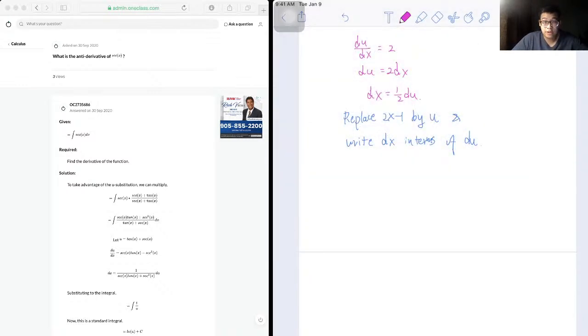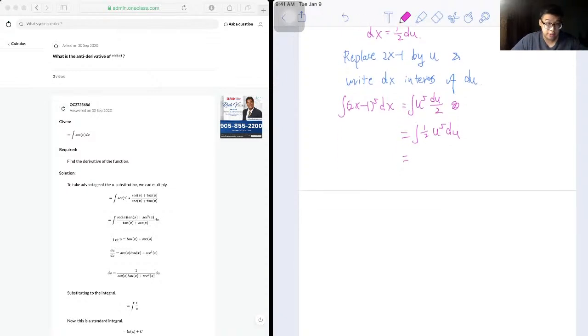So now our question actually switched to, I'll just copy the original one first. This becomes the integral of u to the exponent of 5 du over 2, which we can rearrange as the integral of 1 over 2 u to the exponent of 5 du.